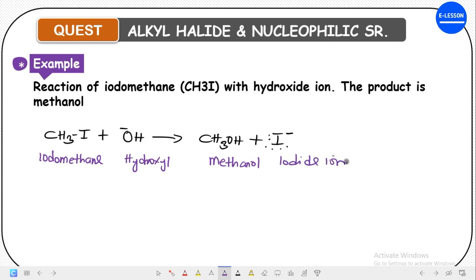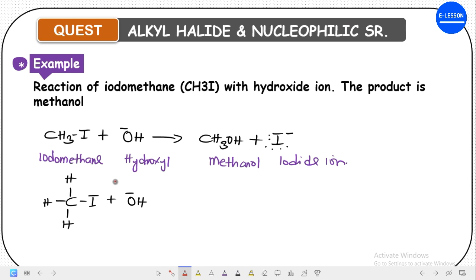Now, how does this reaction occur? The mechanism of this reaction. Now, I said that SN2 has a very simple mechanism, right? Which is C, you have I, and then you have hydrogen, hydrogen, hydrogen, plus OH negative, right?